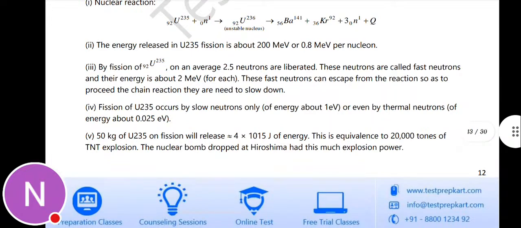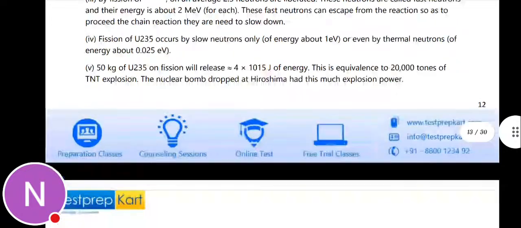Next, fission of U-235 occurs by slow neutrons only, that have energy above 1 eV, or even by thermal neutrons that have energy of about 0.025 eV.